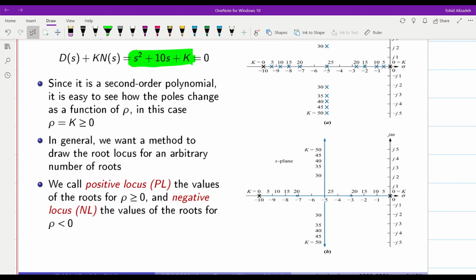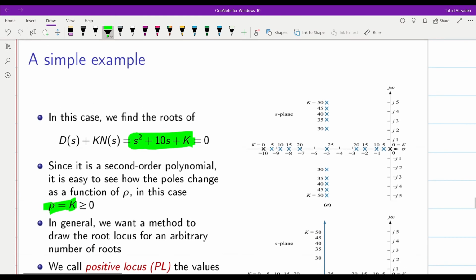For this second order polynomial, it's quite easy to find out the value of the roots of the polynomial as a function of rho, which is equal to K for positive values. We will call it the positive locus, and you can see it over here.